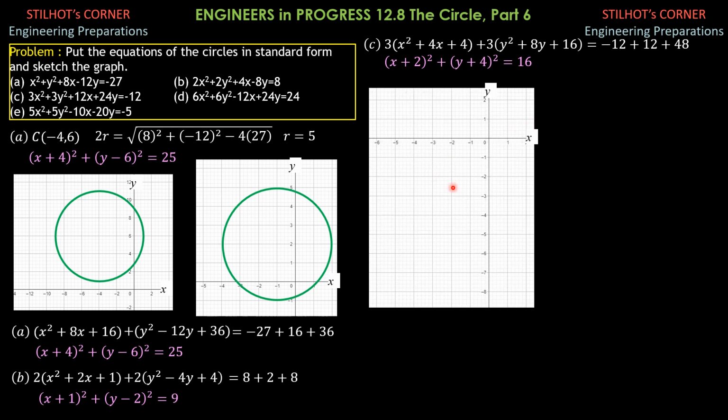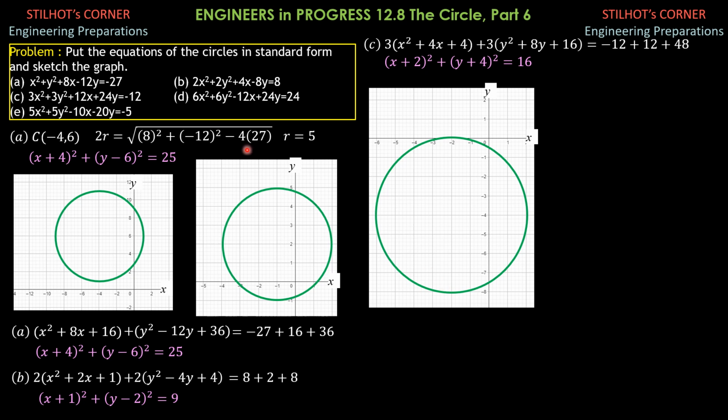Negative 2 comma negative 4 here, the center, and the radius is 4. So it should pass through that point, so also negative 8 here. So that's the circle.